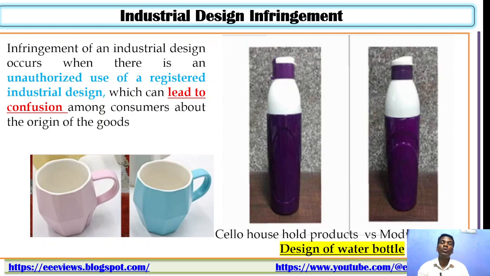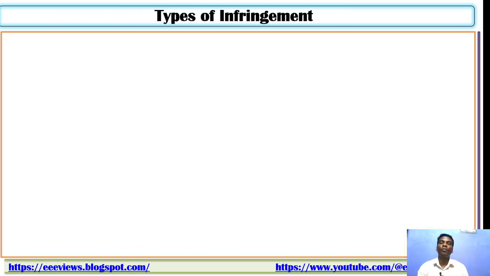So now Seller Household Product filed the case against Modware India, stating that they are doing industrial design infringement, and because of that they are getting losses. The court analyzed and asked Modware to restrain the product. So this is one example of industrial design infringement.